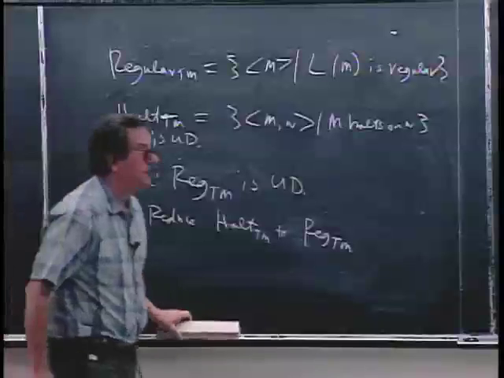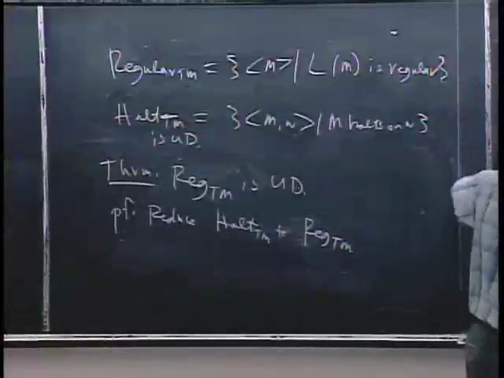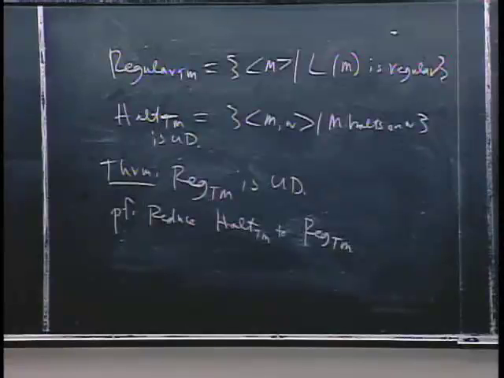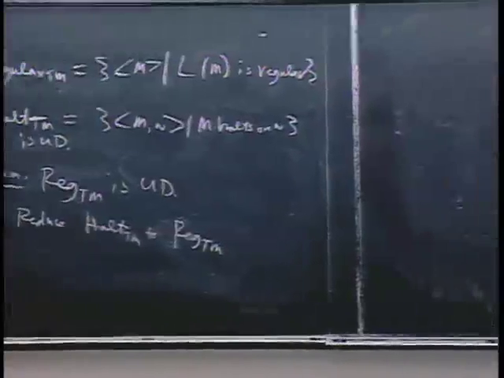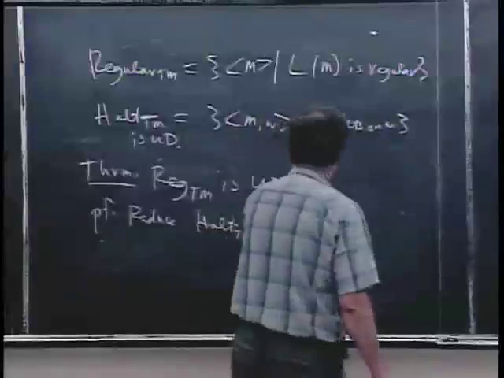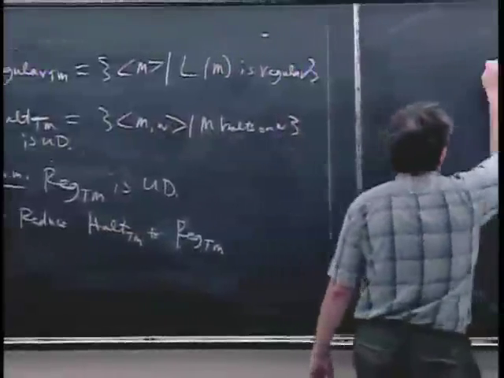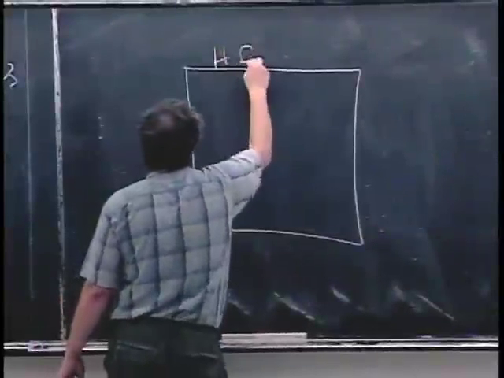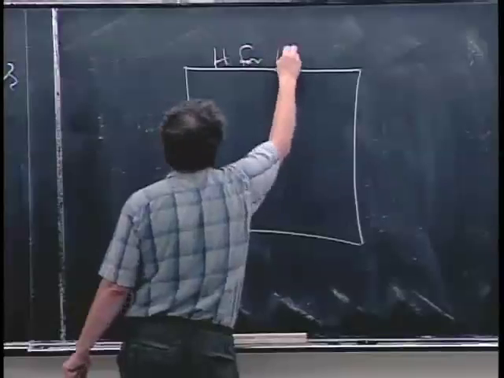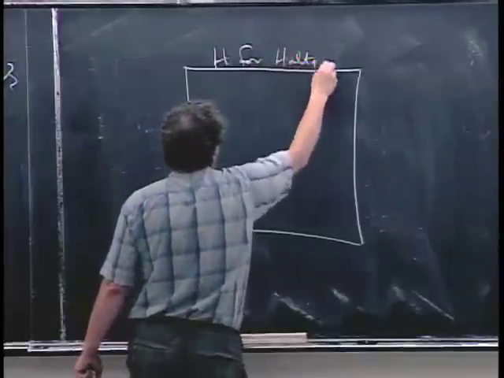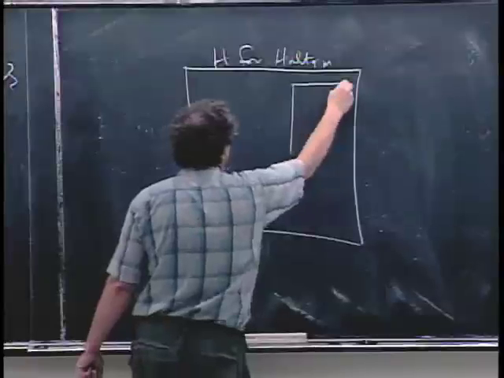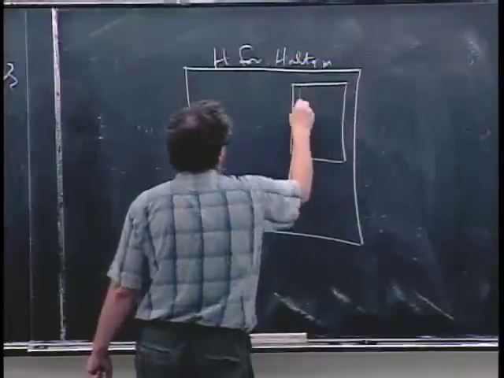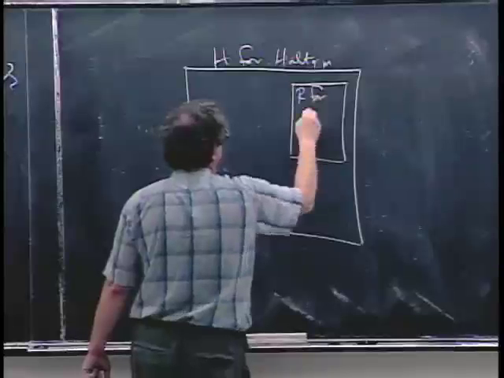Okay. All right. Let's draw our boxes so we can kind of get our wits together. So we're reducing HALT to REG. That means that we want to build a Turing machine H that decides HALT. And inside, we're assuming we have a Turing machine R for REG.